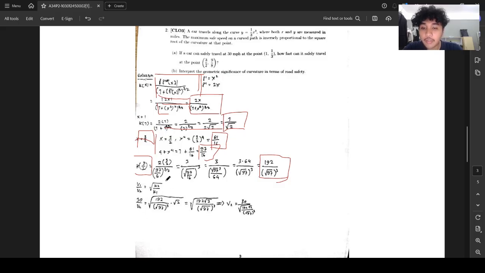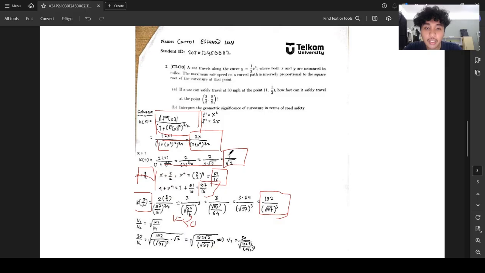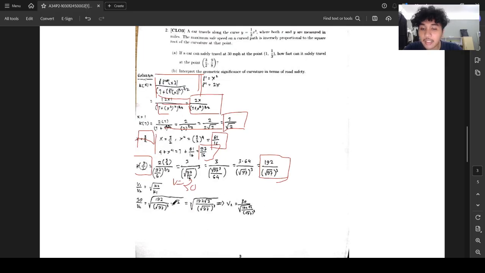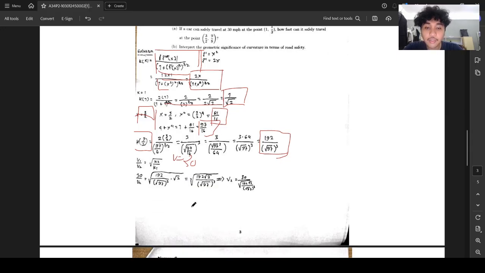We know that v1 is 30. So here we're gonna implement it. So 30 over v2 is equal to 9.2, this value, and times, since we know that it's 1/2, it's the same as times root of 2. So after the calculation we will get this value. So here's gonna be the final result of the problem.